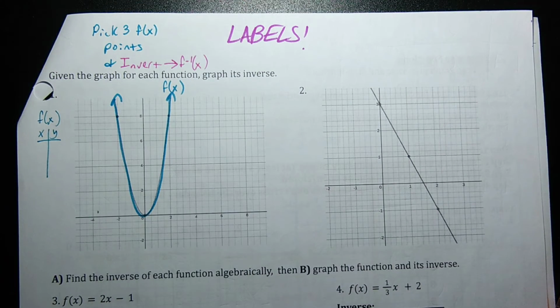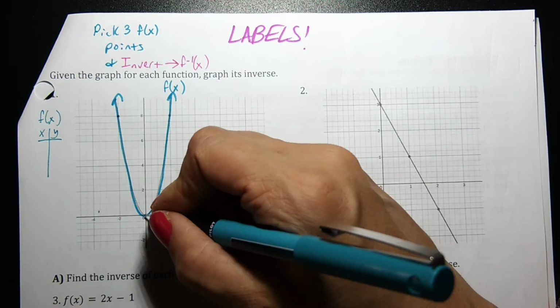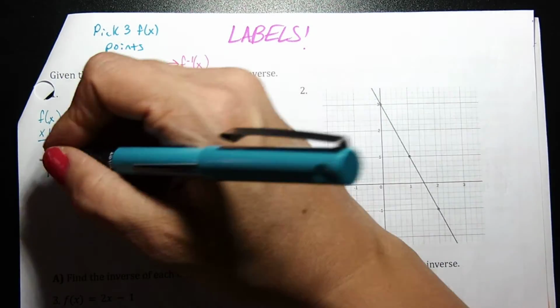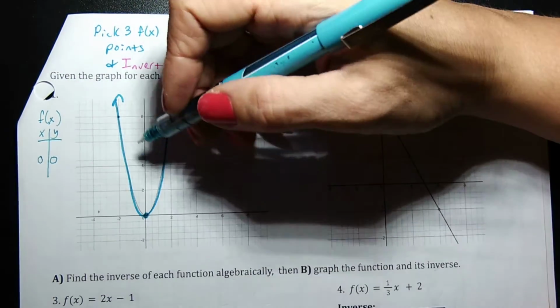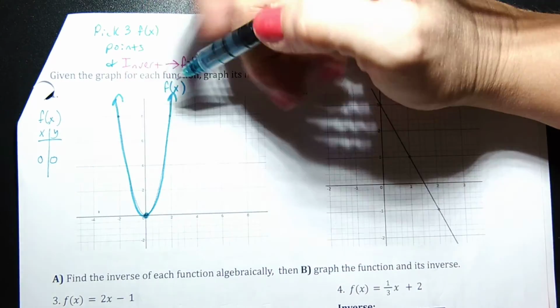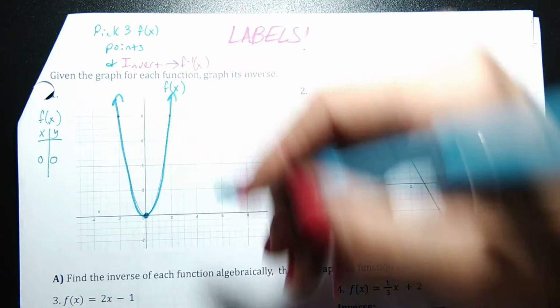Now, I'm going to pick 3 points, kind of similar to what we would do with our parent table or a transform table. So I'm going to center it around my vertex, 0, 0. And then I'm going to pick my next point on the grid to the left, and then my next point on the grid to the right.